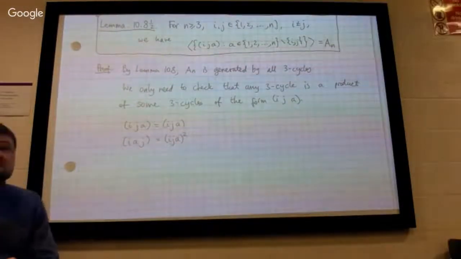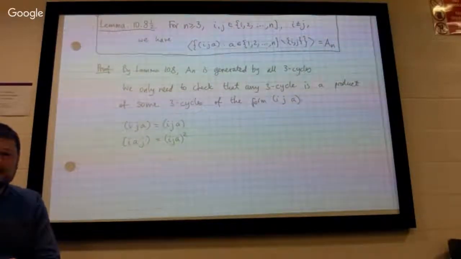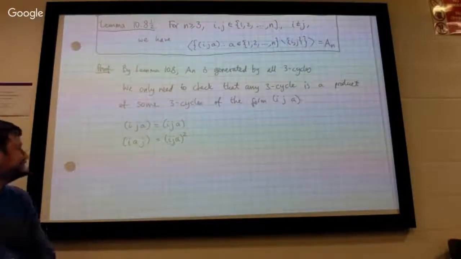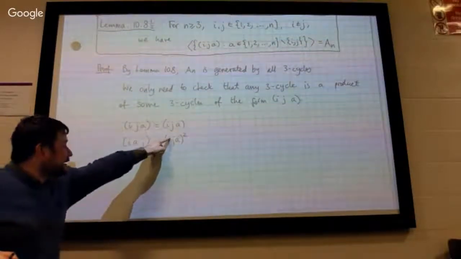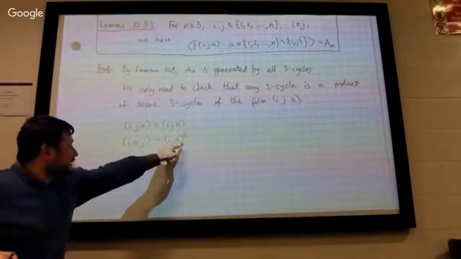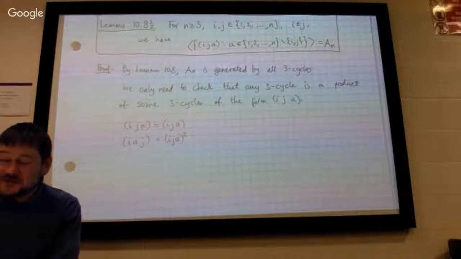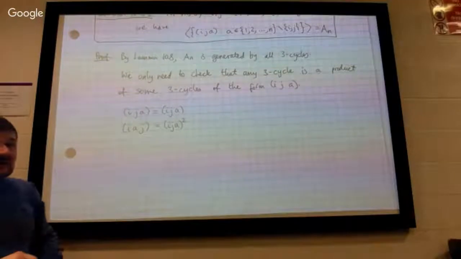Do you believe me? So (i j a), if you do the square, well, i goes to a, j goes to i, a goes to j, because they skip one in the square. So these were all the three-cycles that contain both i and j.